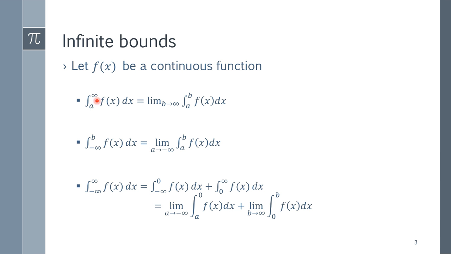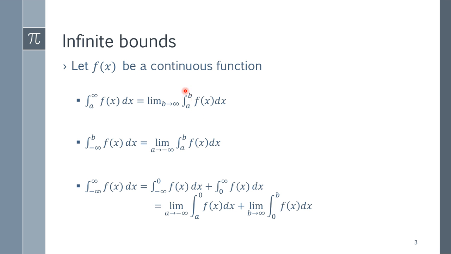I can't actually evaluate this as a definite integral, because a definite integral has two real bounds, and infinity is not a real number. So we turn it into a definite integral by saying, okay, let's replace infinity with a variable. I usually use b for the upper bound, and then do the limit as b approaches infinity.